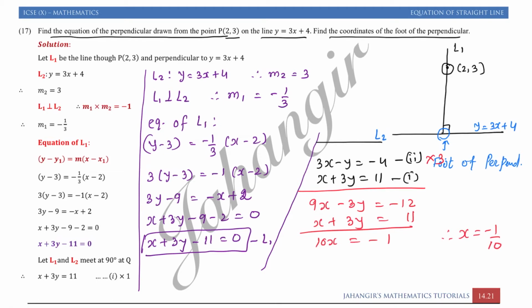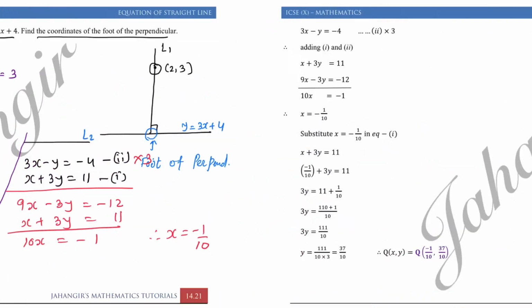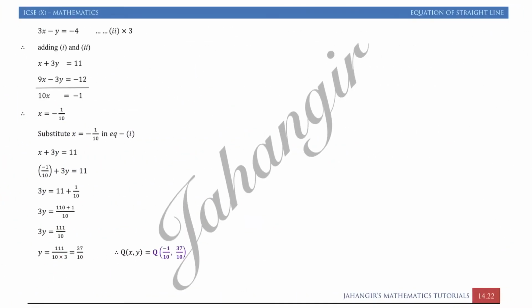We will substitute that in any equation. Substitute x equal to minus 1 by 10 in equation 1. So equation 1 we have x plus 3y is equal to 11, the one which we got.